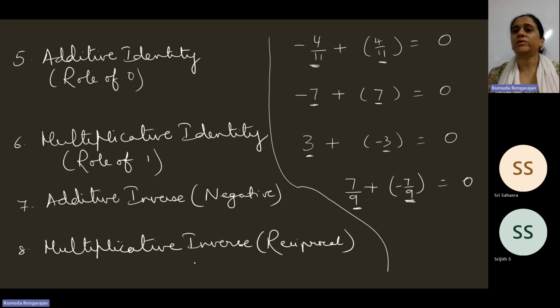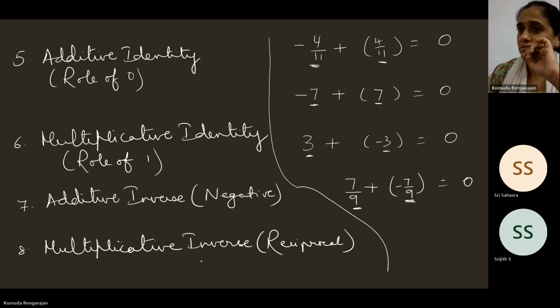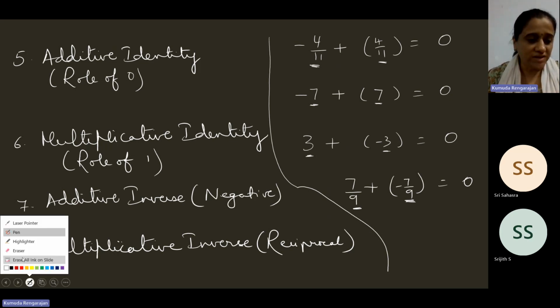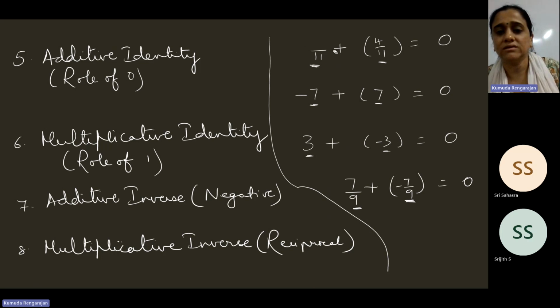So when the sum of two rational numbers is 0, then the first rational number is called the negative or the additive inverse of the second, and the second is called the negative or the additive inverse of the first. So basically here what you do, you write the same number with the opposite sign.